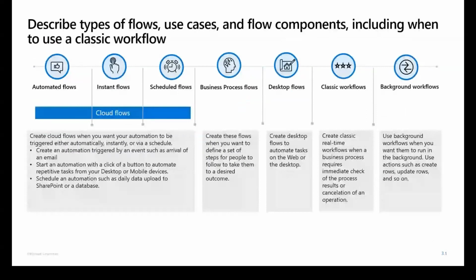We've got instant flows, where the flow is run manually, or it's called from something else, such as what we discussed in the previous episode, when we're calling a Power Automate cloud flow from a canvas app. That's a type of instant flow. And then the scheduled flow, which runs on a schedule. They run daily, hourly, weekly. And you can use those to process data in bulk or to do an update and set status of data.